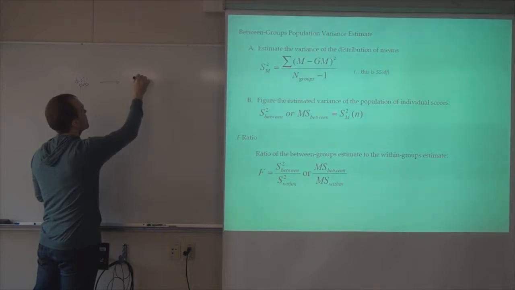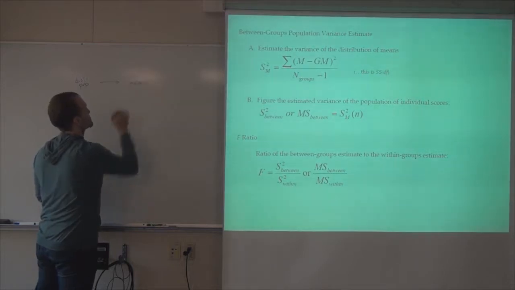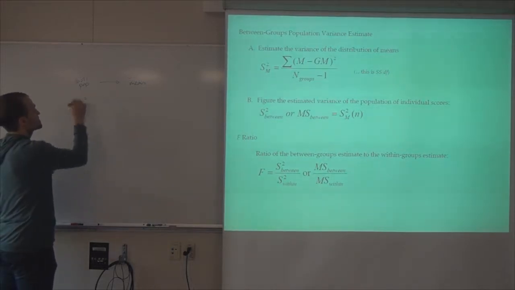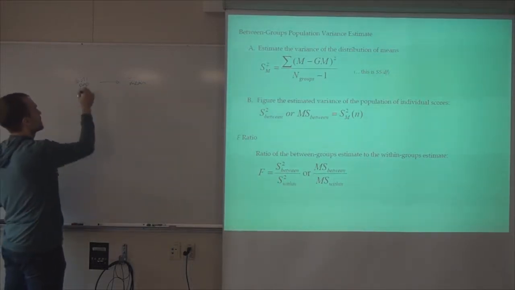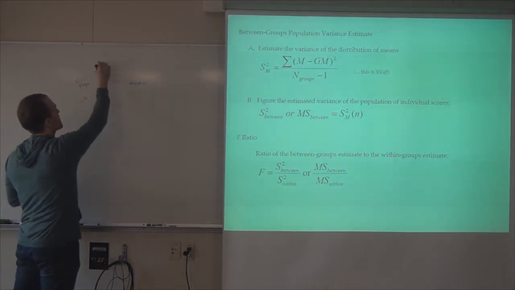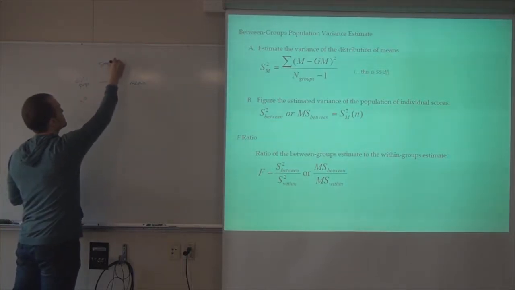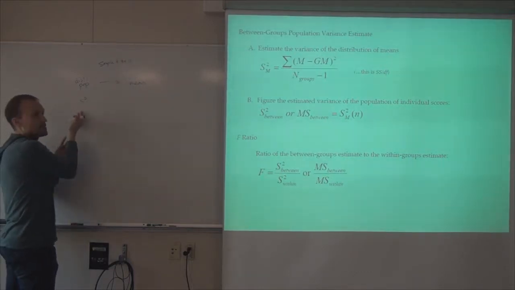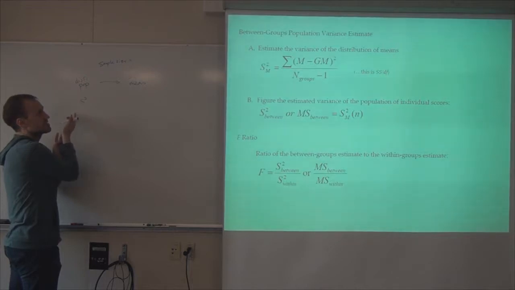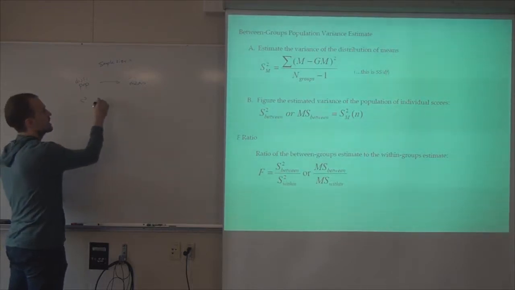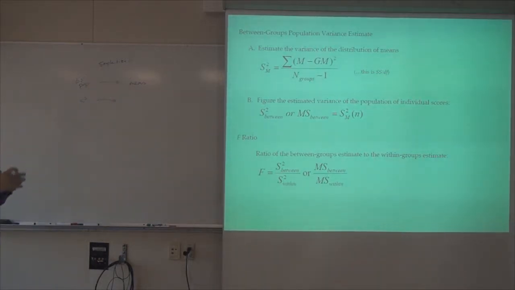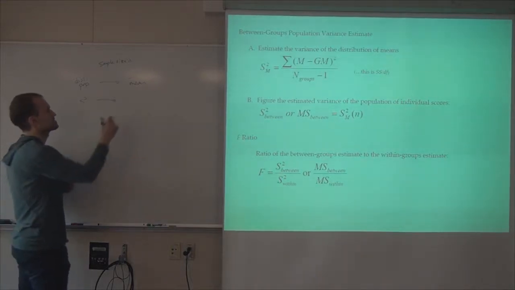Now in the past, we've gone from the distribution of my population to the distribution of means. How did we do that? Well, we looked at the variance here. Let's say I have a sample size n. We looked at the sample and we estimated the variance using that. Then, because my sample size is greater than 1, I have to see how the mean sits in the distribution of means.